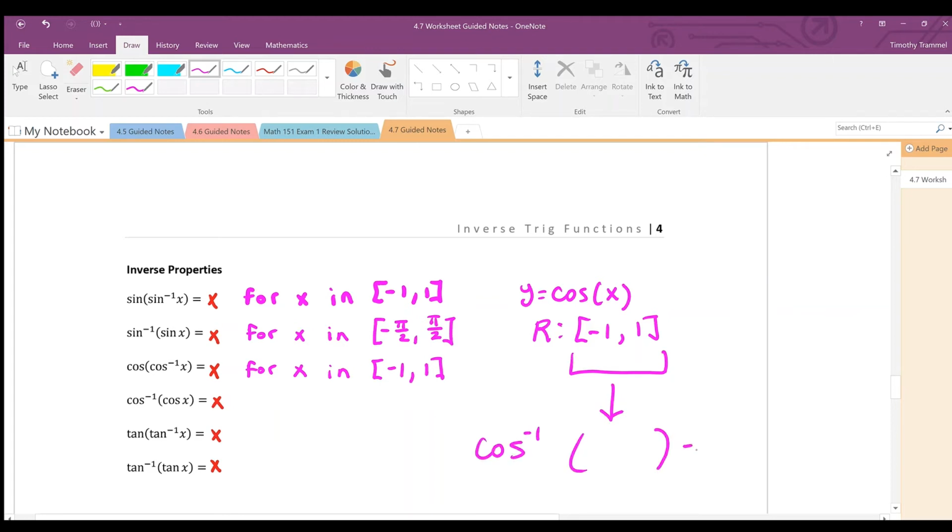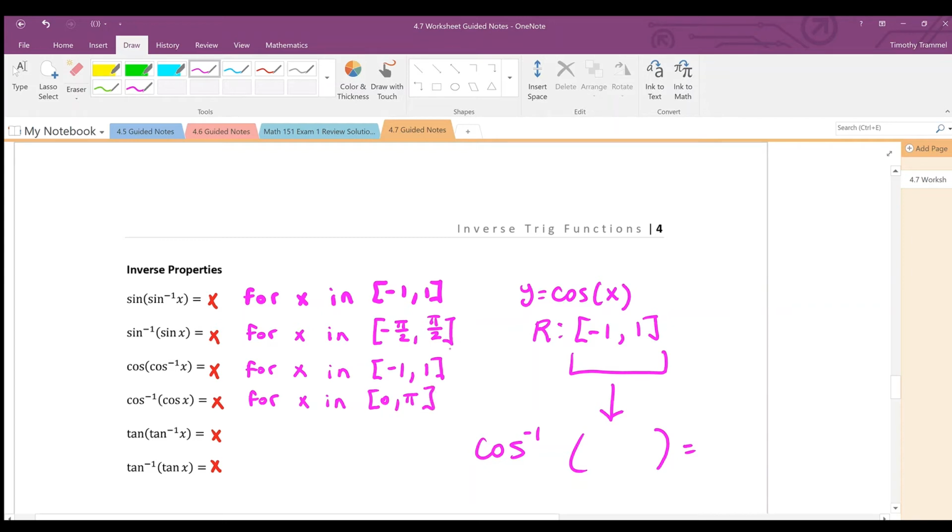Well, cosine inverse can only give us angles between 0 and pi. So if this original angle x that we start off with is anything other than an angle between 0 and pi, this isn't going to work out. So for x in 0 to pi.